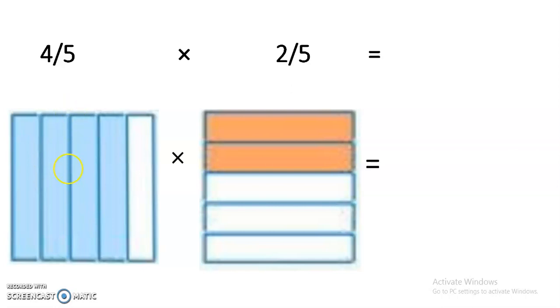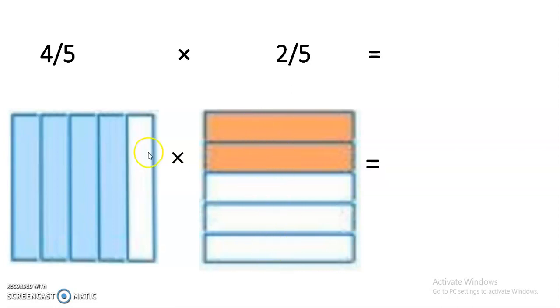For the first fraction, I have total how many parts? 5 parts. So 4 upon 5, so 5 is the denominator. So 5 parts and 4 parts are colored. Multiplied by 2 upon 5, so 2 colored parts out of total 5 parts.